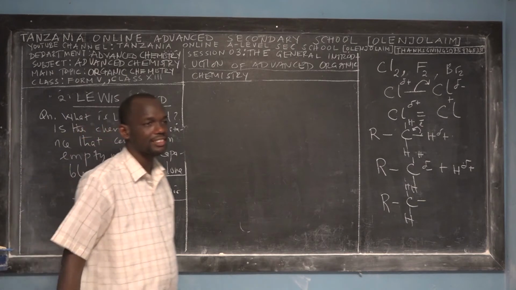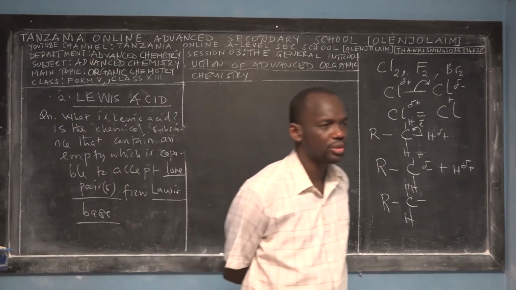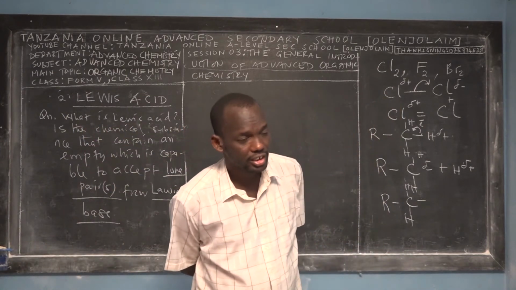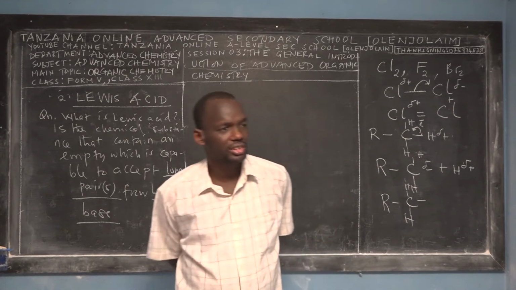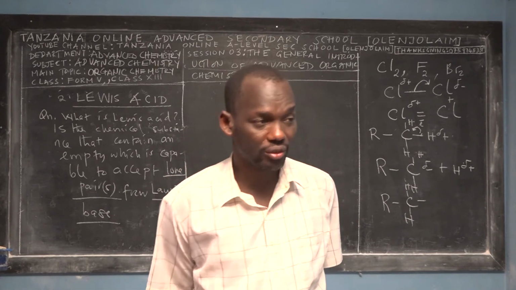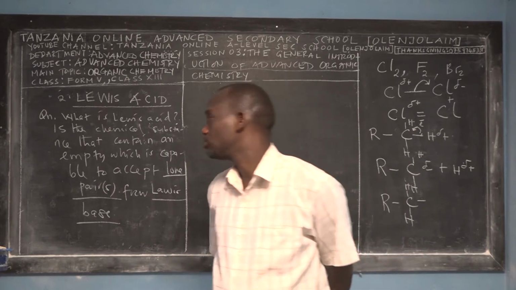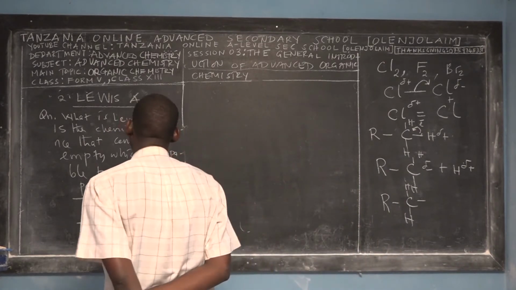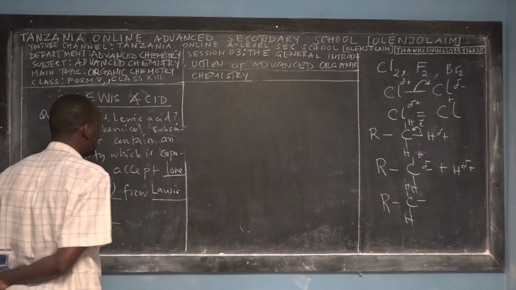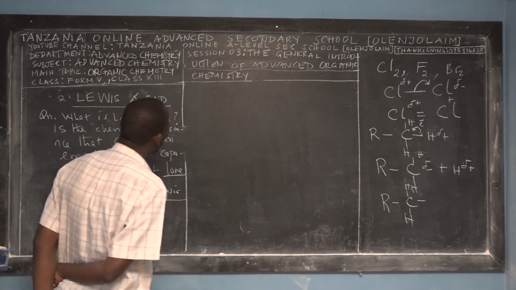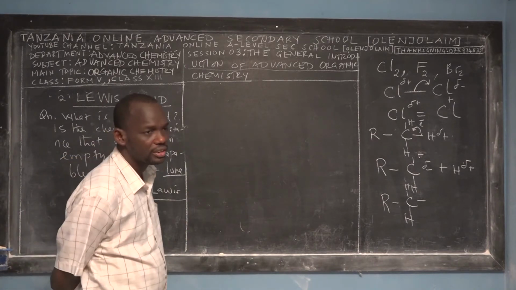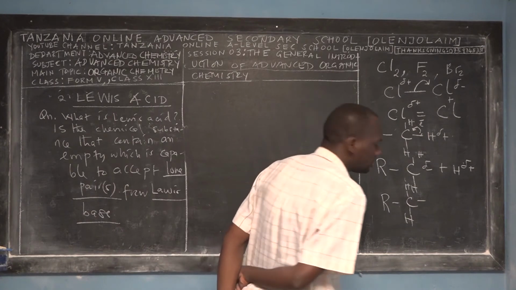We say that Lewis acids are types of electrophile. It means that they love electrons. But when they lack electrons, why do they accept electrons? Because they have the space to accommodate them. Right? Okay, fine.